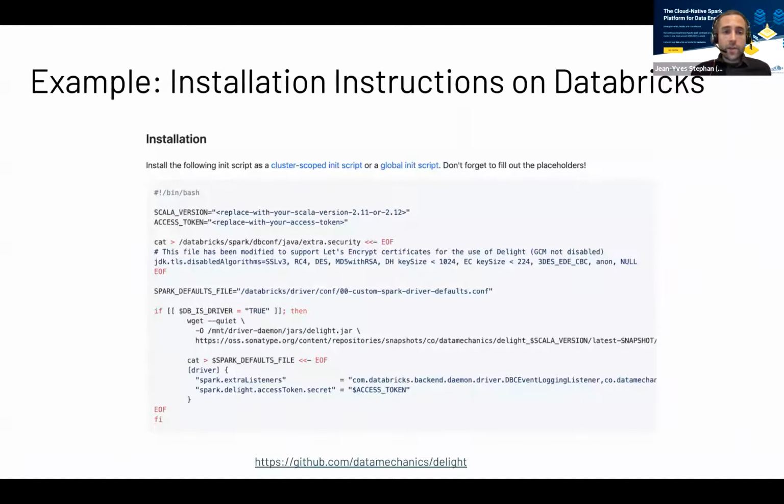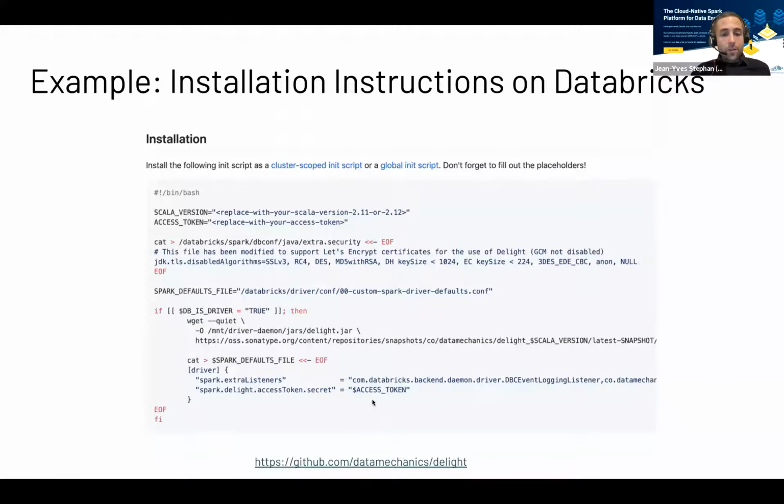So I think I have a couple of examples of installation instructions. For example, this is how it works in Databricks. You can install it using a feature of Databricks called init script, which is basically a bash script that runs on your cluster before Spark starts. And if you look at this little script, basically you need to provide the access token that you created earlier.